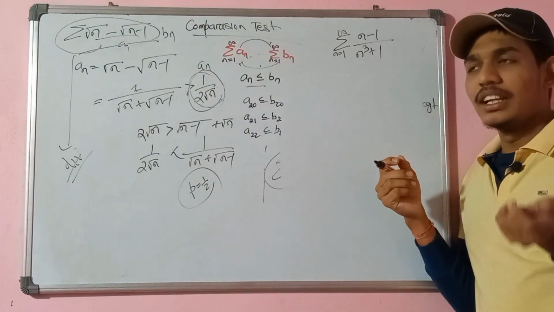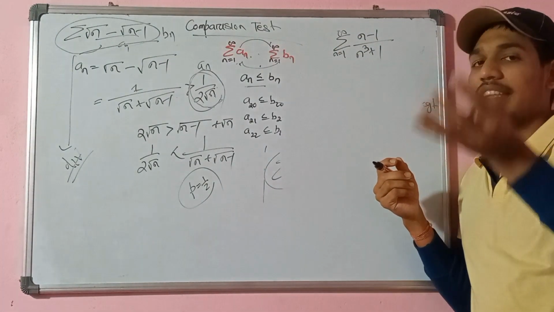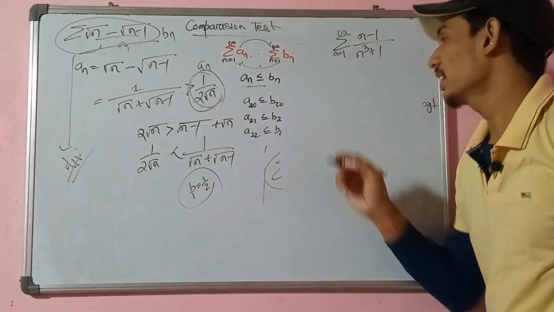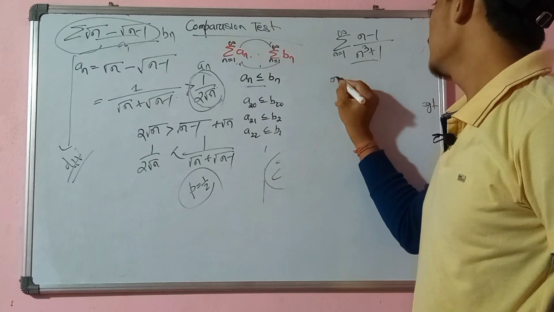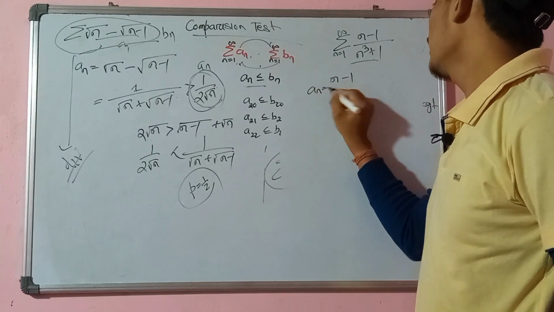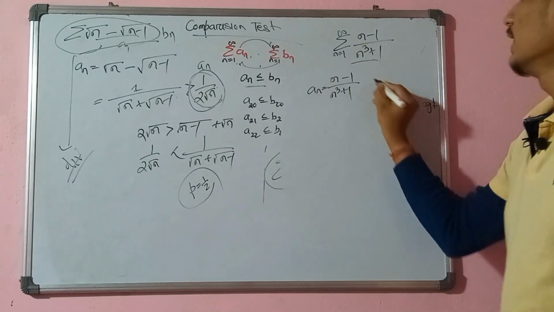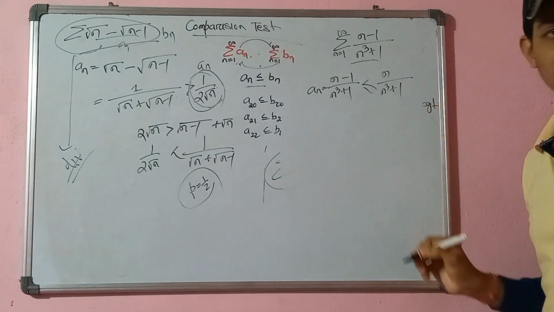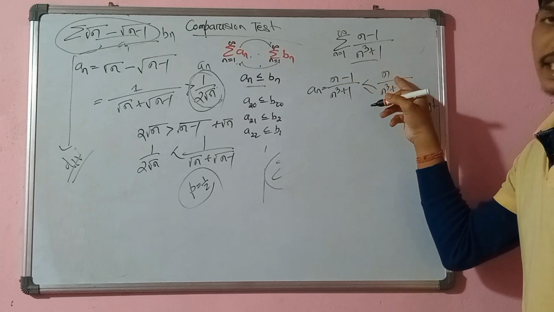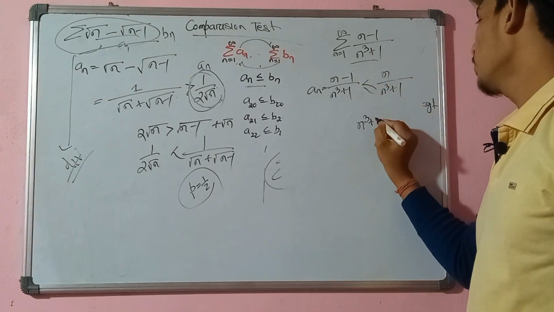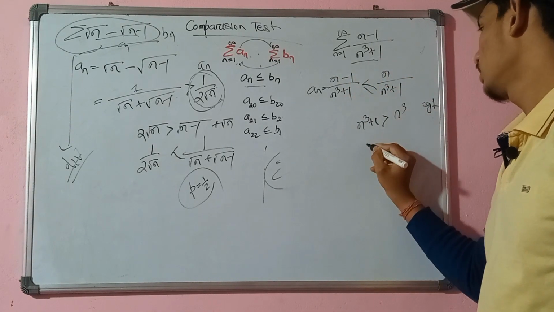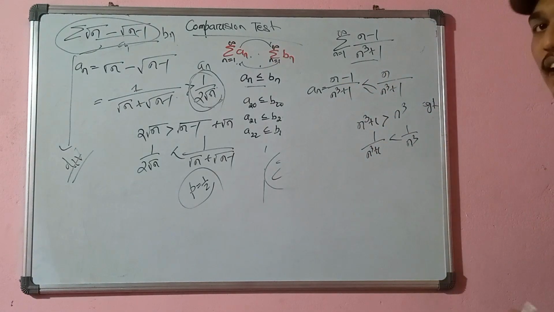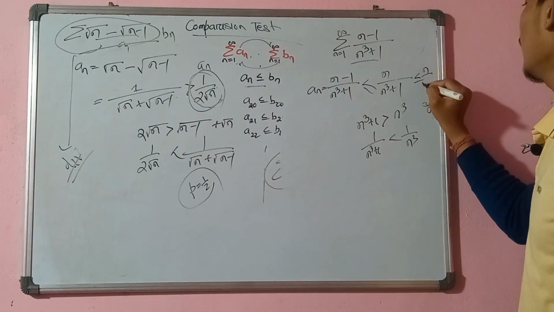You have to assume it yourself, like our parents compared with someone else, you have to find something to compare with. So my an is n minus 1 divided by n cube plus 1. Can I write this is less than or equal to n by n cube plus 1? Yes, n minus 1 is less than n. We know n cube plus 1 is greater than n cube, so 1 by n cube plus 1 is less than 1 by n cube. So I can write less than n by n cube.